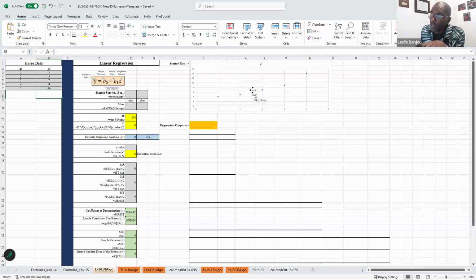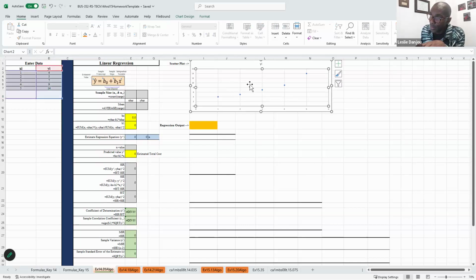So if you click on the data itself, click in here. For my Windows users, you're going to see this plus sign that shows up right here. You can click it and you can make sure that you click on the one that says trend line. And that will put that trend line right in between those dots. Do you see it? Hopefully you can see it on your end. For my Mac users, click in here as well.